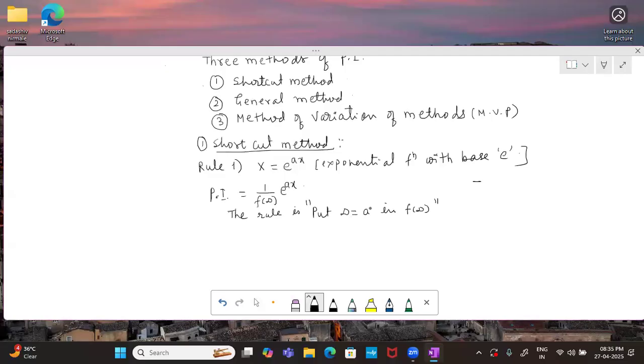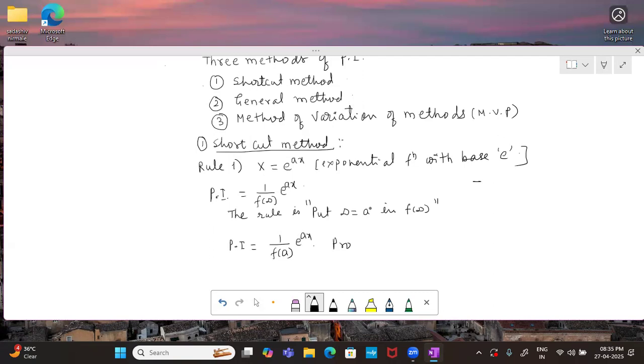Directly replace D by a, where a is the coefficient of x. So PI will be like this: 1 upon f of a, put D is equal to a directly, e raised to ax.